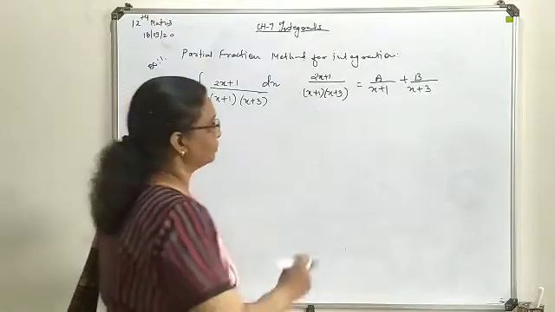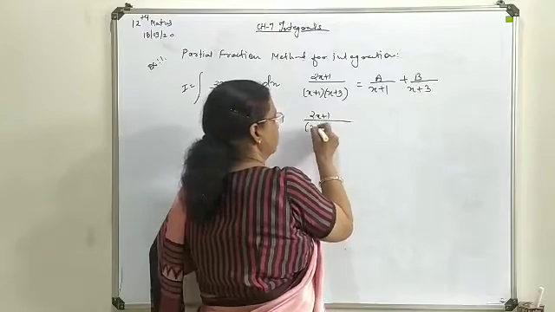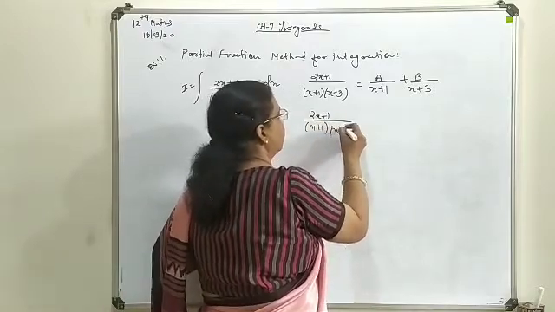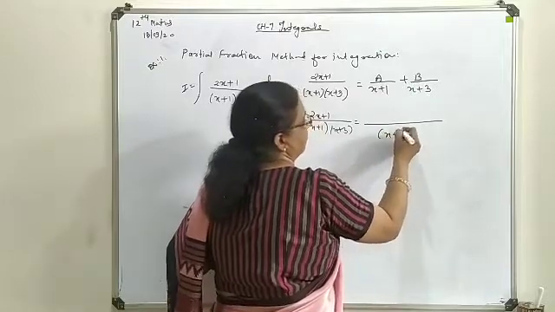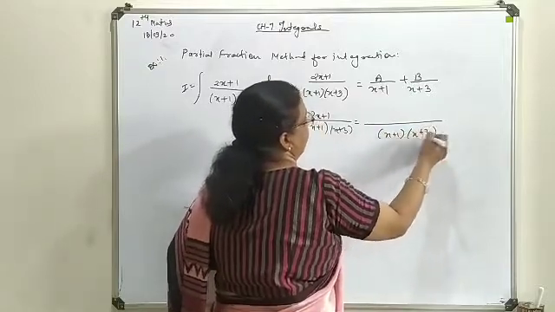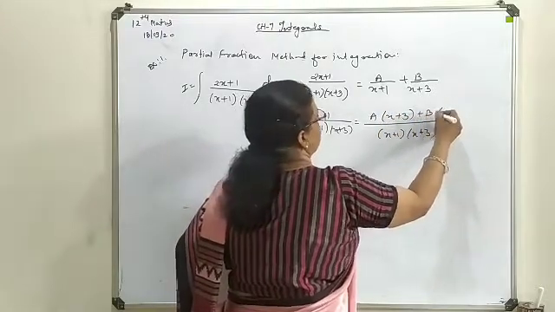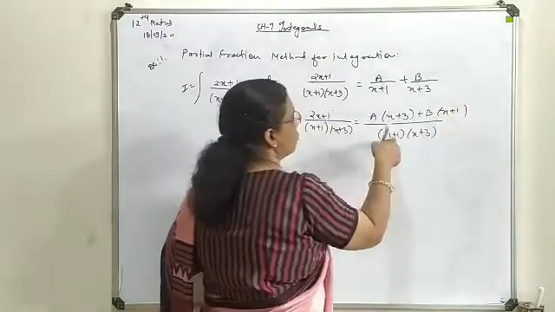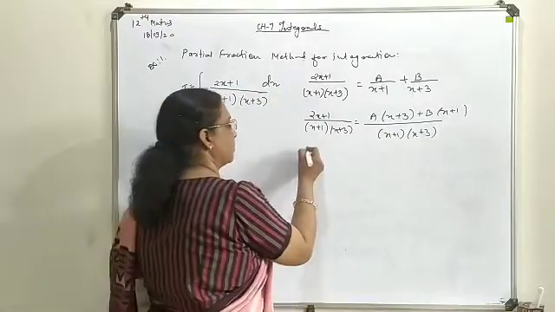Now this is to be written as such. This is the method we have to follow, so try to understand. Here also go for taking the LCM. A(x plus 3), B(x plus 1). Now these two denominators will cancel, so only the numerator you will go for comparison for further solution.